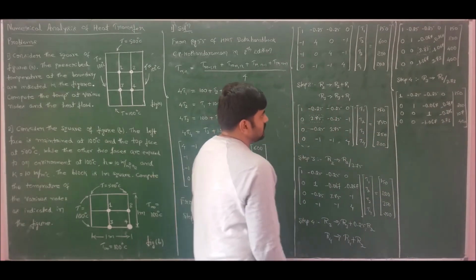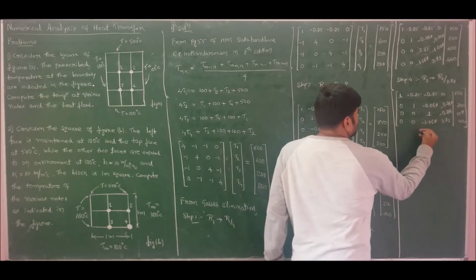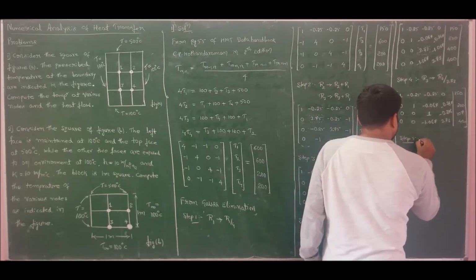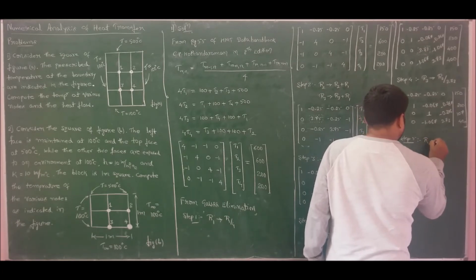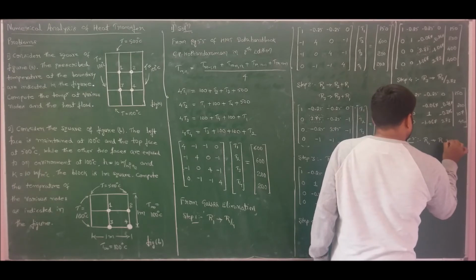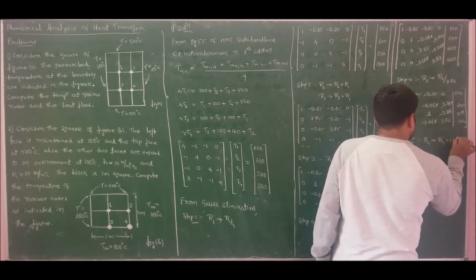So moving to the final step, I should make this term as 0. So in step 5, I should make this term as 0. So R4 tends to R4 plus 1.067 R3.